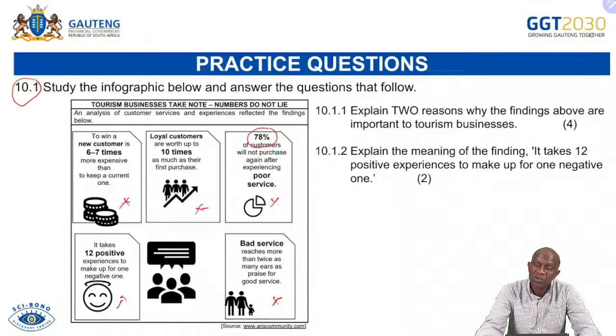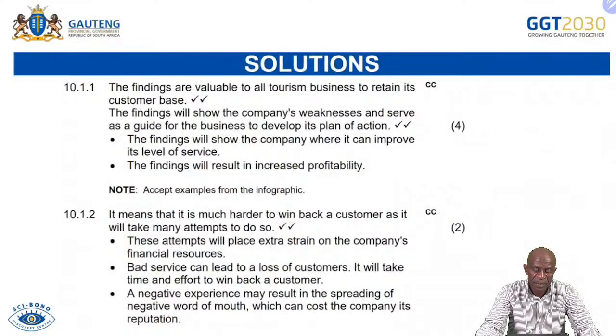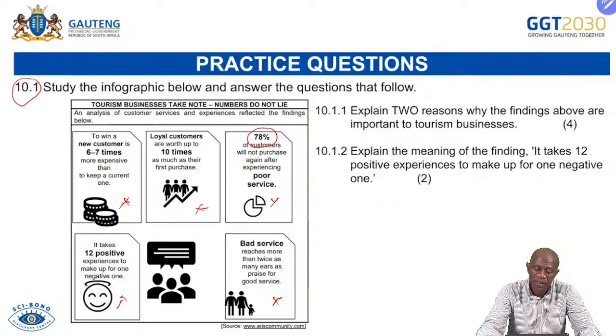And let's look at how the memo or the solutions are phrased. Now, quickly, let's go back to Question 10.1.1 and read it alongside the answers. It says, explain 2 reasons why the findings above are important to tourism businesses. Which findings?